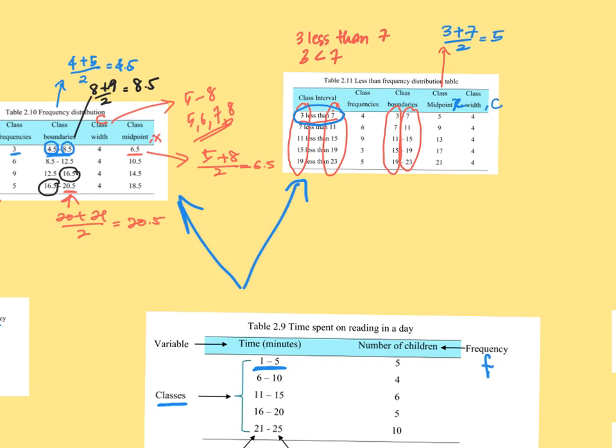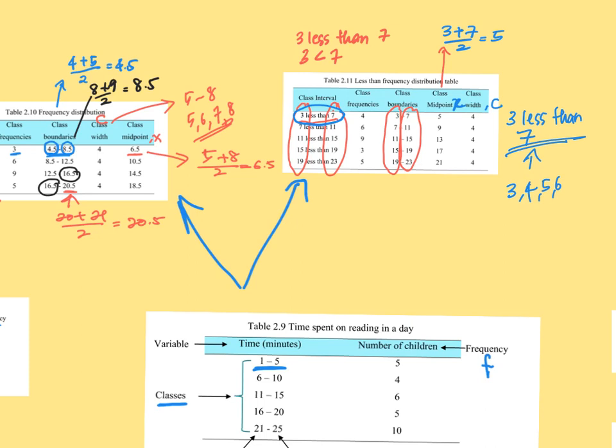So why is the class size or the class width 4? For this kind of class interval, where we have 3 less than 7, the numbers we have here are: 3, 3 less than 7, yes. 4 less than 7? Yes. 5 less than 7? Yes. 6 less than 7?